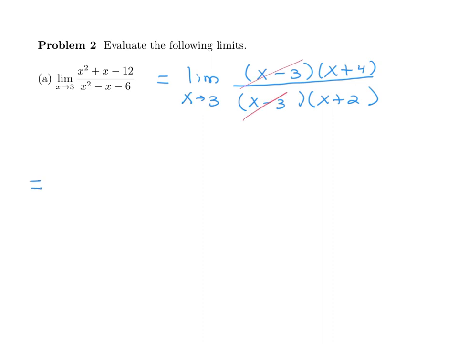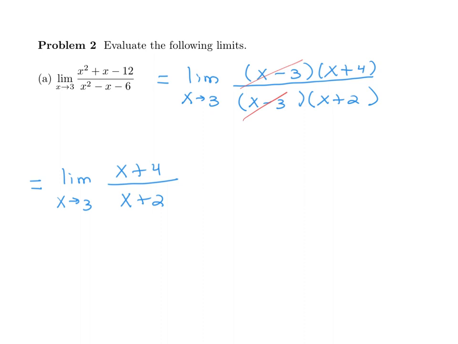So the limit that we started with is equal to the limit as x approaches 3 of, really it's just x plus 4 divided by x plus 2. I don't need the parentheses anymore because nothing is really being multiplied together. So this limit is equal to this limit. Now to solve this limit, can we simply just substitute 3 in place of x to get our answer?